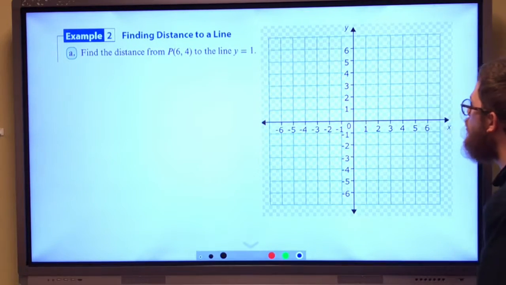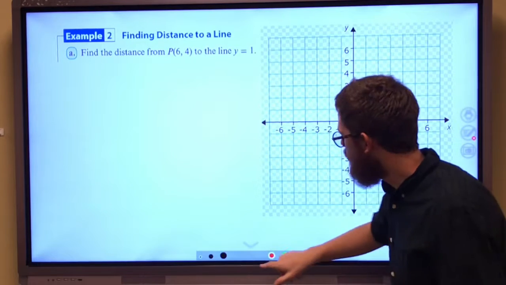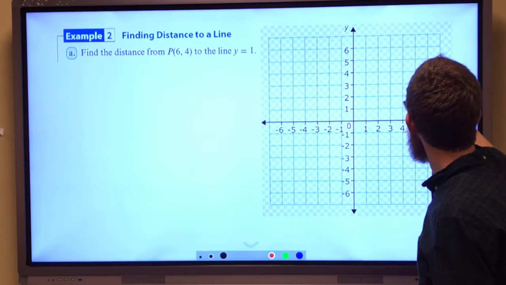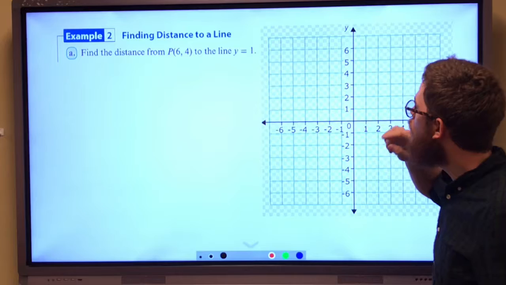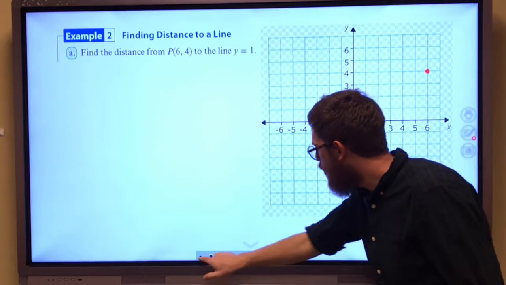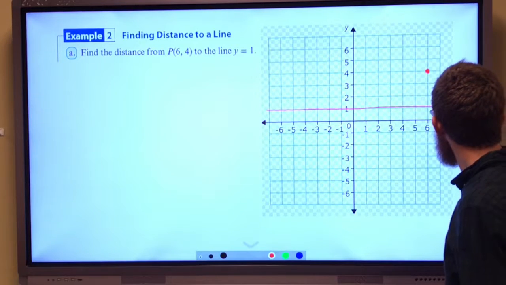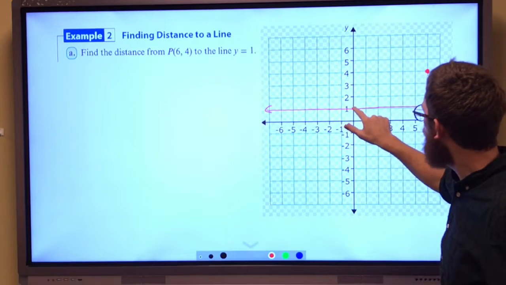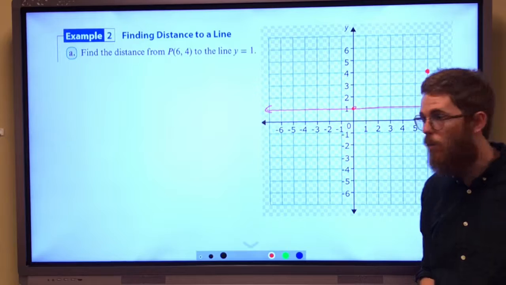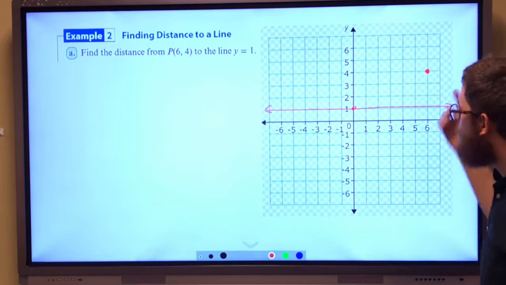Here, find the distance from this point P, which is at 6, 4, to the line y equals 1. Well, y equals 1 is the horizontal line going through the y-axis at 1, and we want to know the distance from that point to the line.